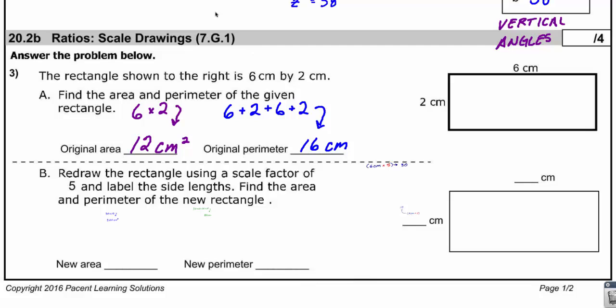Now we're ready to move to scale factor. So here's the scale factor we're given, 5. That means everything is 5 times bigger.